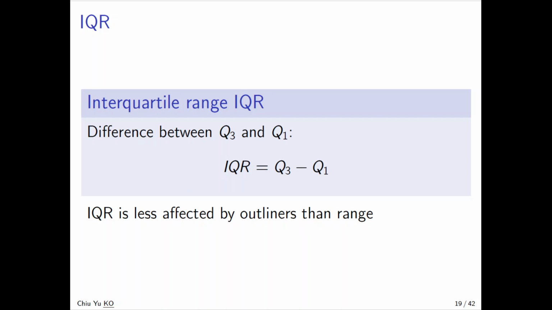But if you replace the maximum by the third quartile and the minimum by the first quartile, then changes in the maximum and minimum don't really affect the difference between the third quartile and the first quartile. That's why we define the interquartile range as a way to measure dispersion.